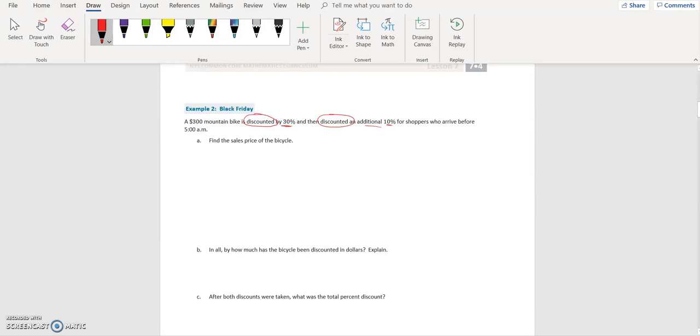And I know what you're thinking: they're getting 30% and then 10% additional, so let's just add that together. But actually, you can't do that. It actually ends up being a different amount. So we have to do the first discount and then the second discount.